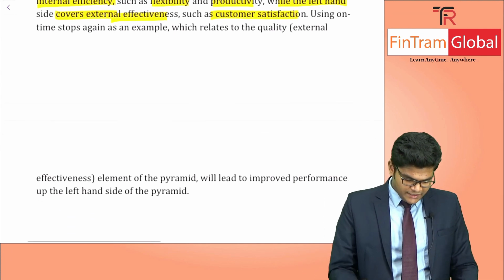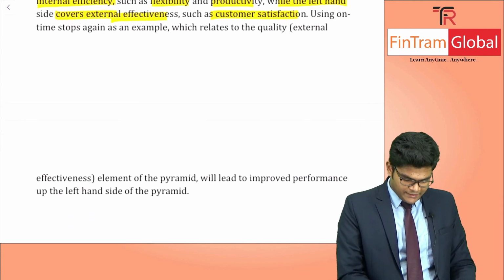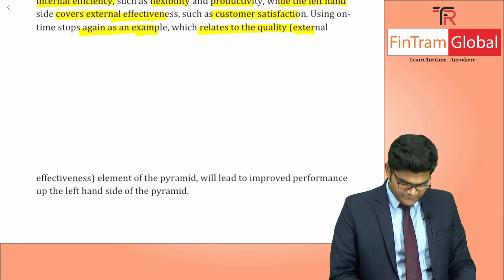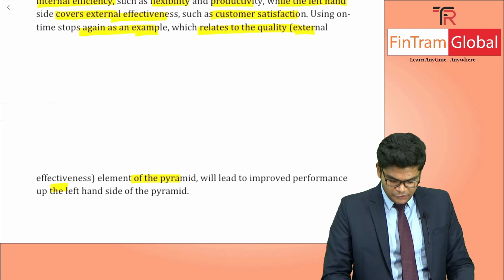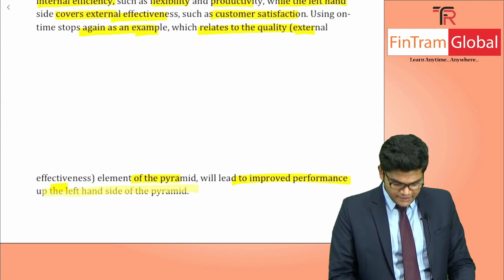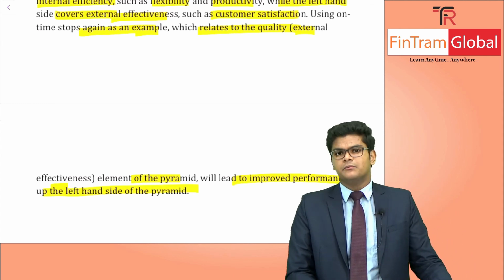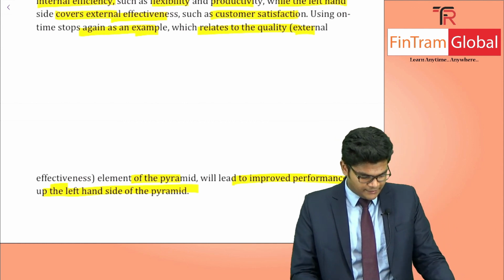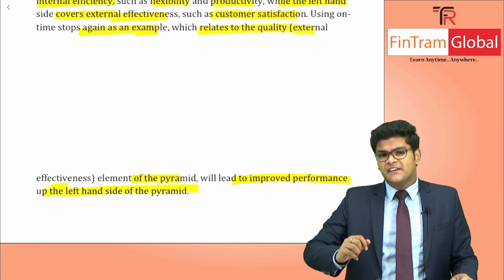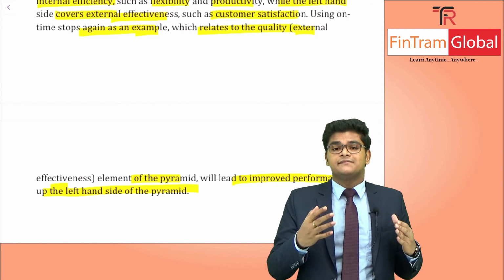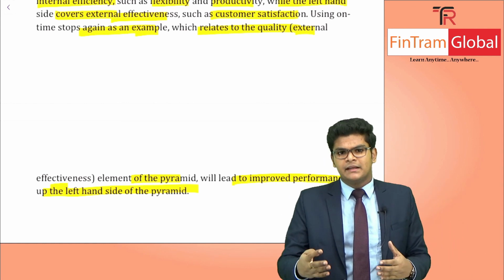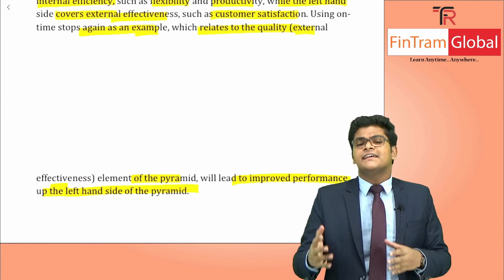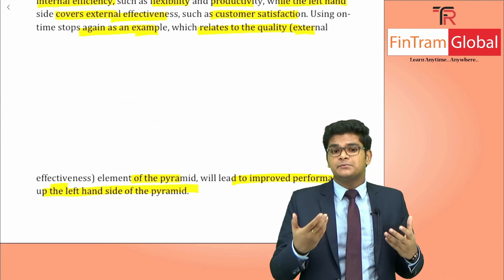So using on-time stops again as an example, which relates to the quality external effectiveness element of the pyramid, will lead to an improved performance on the left hand side of the pyramid. So I will yet again use the on-time stop as an example here, isn't it? So what did I say here? If we are able to provide our services on time, if we pick up everything on time, or deliver everything on time, then definitely the quality of our service will improve, isn't it?